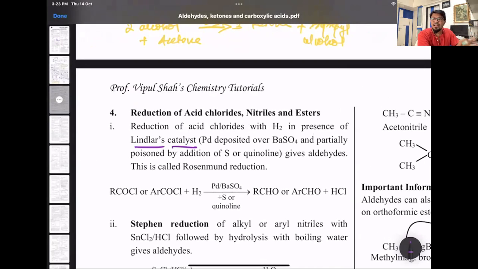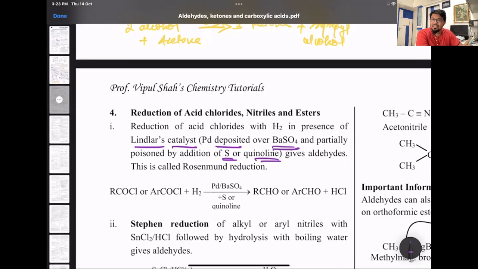Otherwise, as per Sabatier-Senderens reaction, alkynes, if you add hydrogen, you get alkenes, and to that, if you add hydrogen, alkenes get converted to alkanes. To stop it at alkenes, we use Lindlar catalyst. Over here, it's palladium catalyst over barium sulfate, poisoned by addition of sulfur or quinoline.